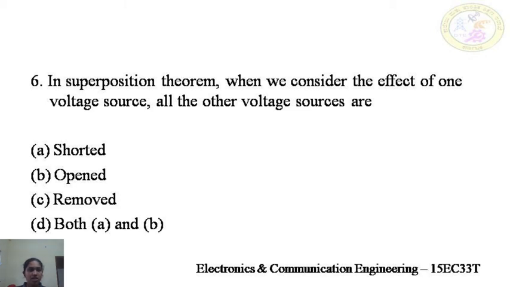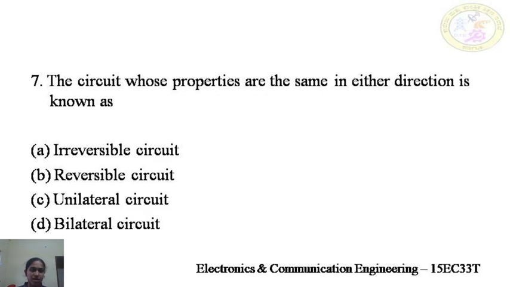Sixth question. In superposition theorem, when we consider the effect of one voltage source, all the other voltage sources are option A shorted, option B opened, option C removed and option D both A and B. The correct answer is option A shorted. Seventh question.